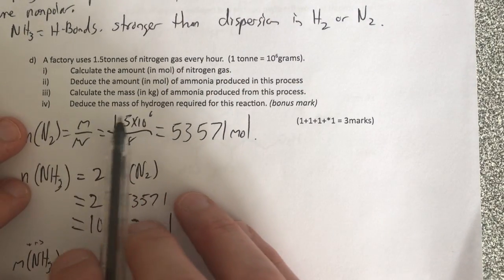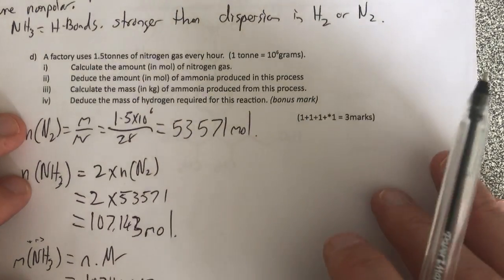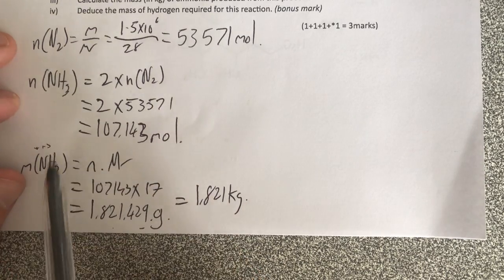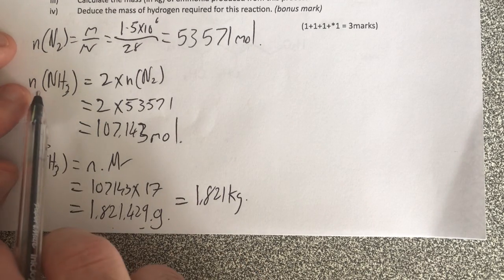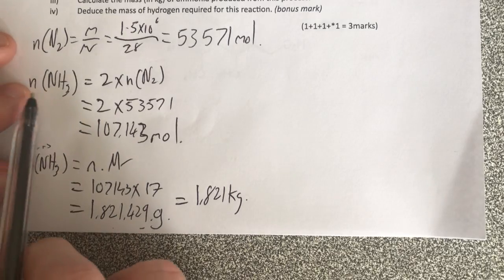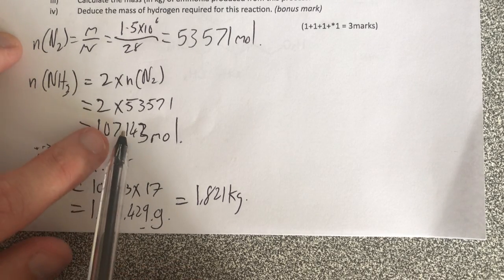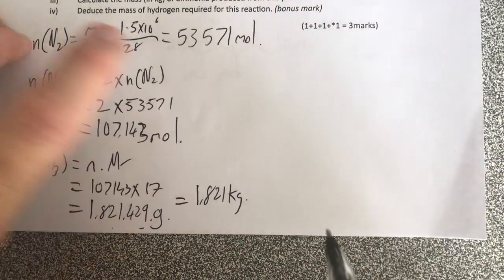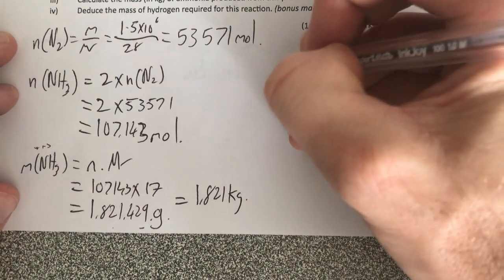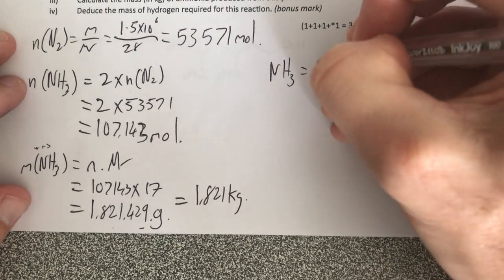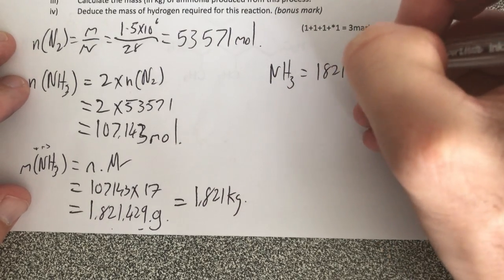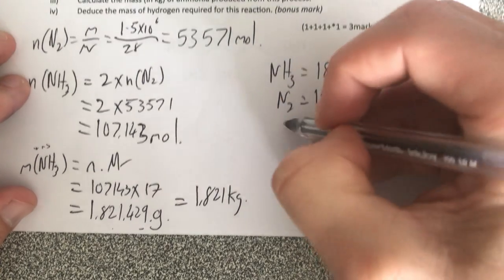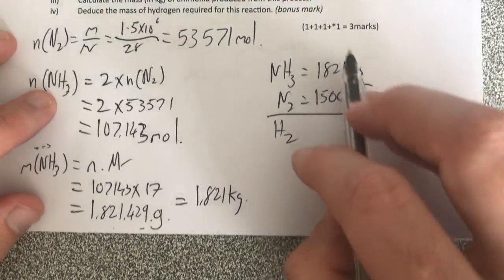And here's a bonus question, the mass of hydrogen required for this reaction. Well, what's interesting, you can do this a number of ways. You can do it lots of mole calculation ways. So I could look at, if this is the number of mole of ammonia, I could times that by 3 and then times that by the mass of hydrogen. Or I could say, well, if my ammonia is 1,821 kilograms, my nitrogen was 1,500 kilograms, my hydrogen must be the difference between those two.